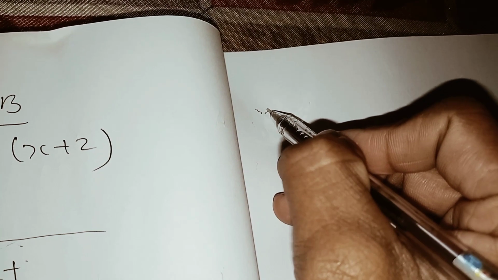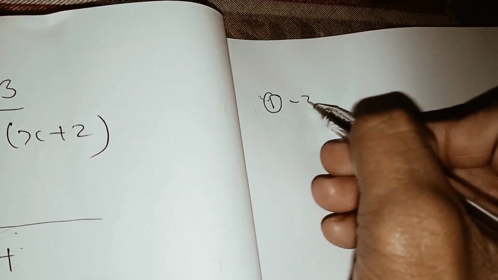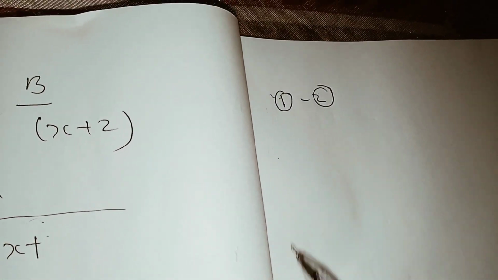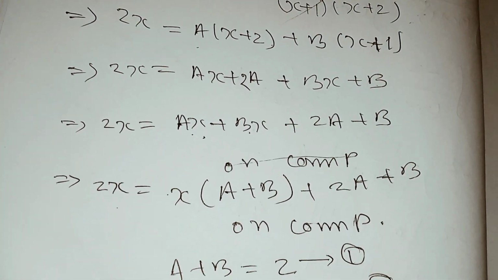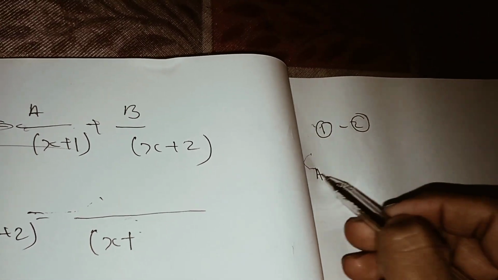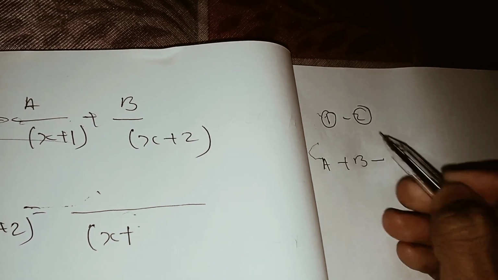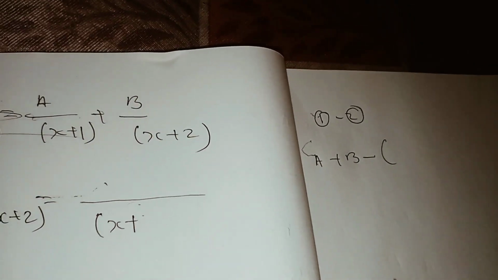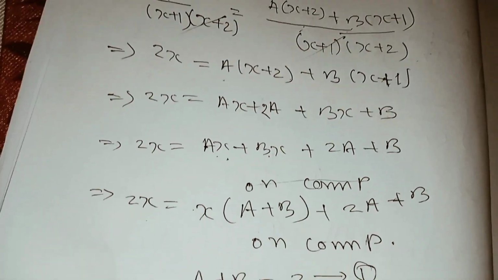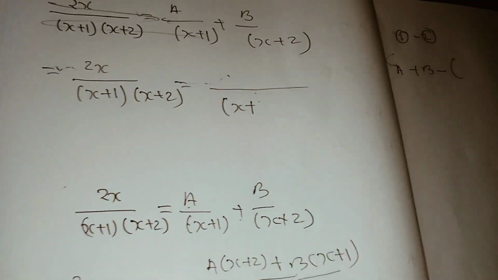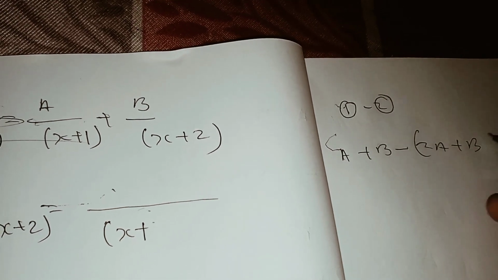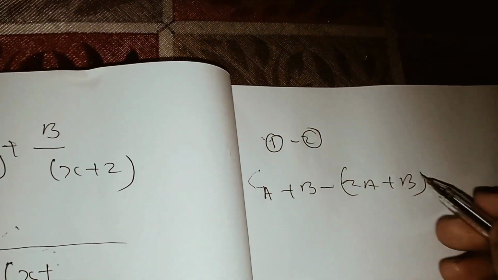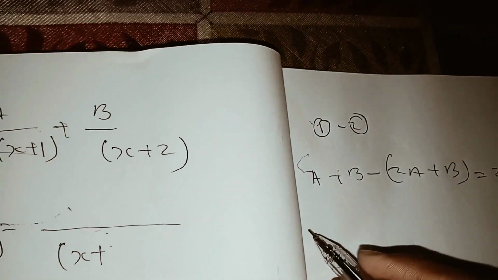So here, equation 1 minus equation 2. The first equation is a plus b equals 2. So a plus b minus, this minus is as it is, and under the bracket we have to write 2a plus b, and 2 minus 0.